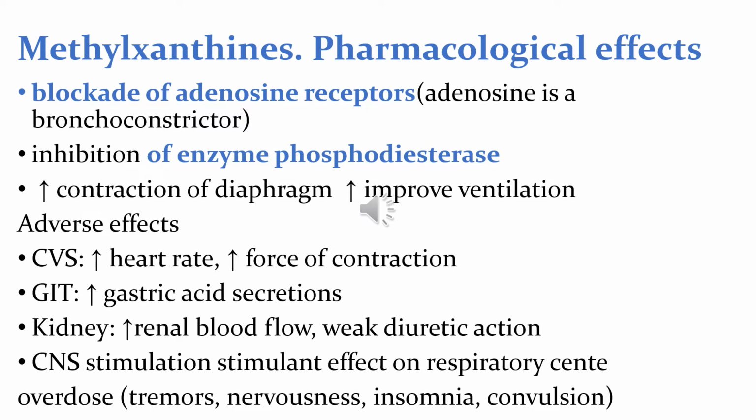Adverse effects: increased heart rate, increased force of contraction, increased gastric acid secretion, increased renal blood flow, weak diuretic action, stimulant effect on the respiratory center. Overdose causes tremors, nervousness, insomnia, and convulsions.